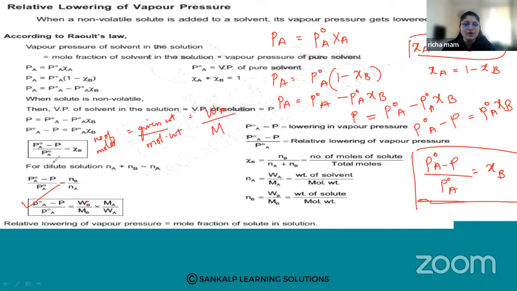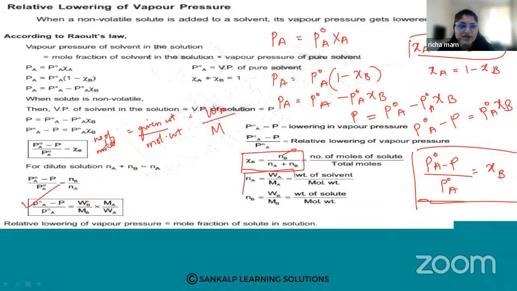So P naught, this is the pure component A, minus P is nothing but the lowering of vapor pressure. This, related to P naught A, is called the relative lowering of vapor pressure. And you know how to calculate psi of B. Psi of B can be calculated as the number of moles of component B upon the total number of moles of A and B. What is Na?